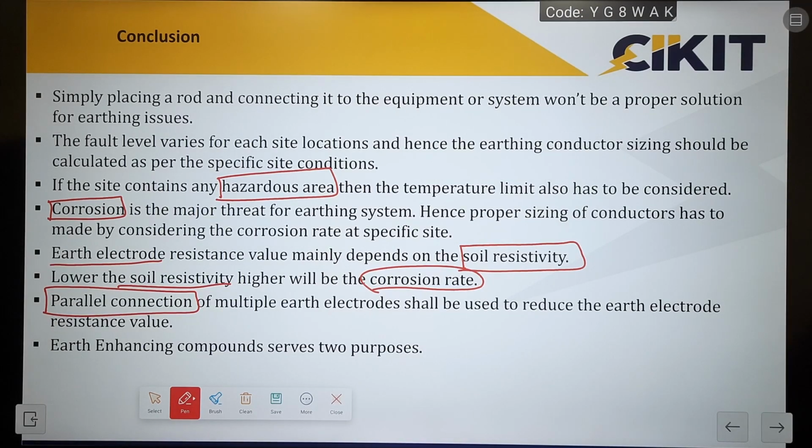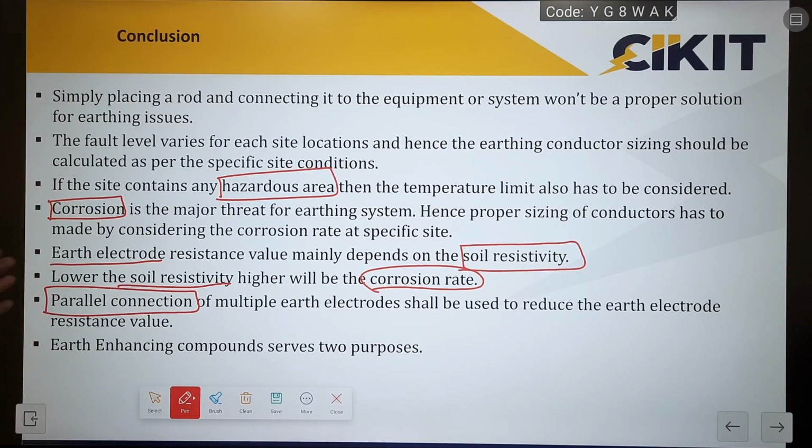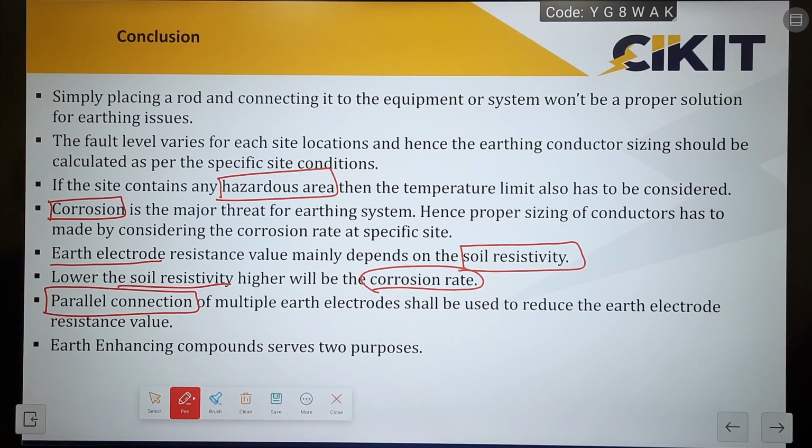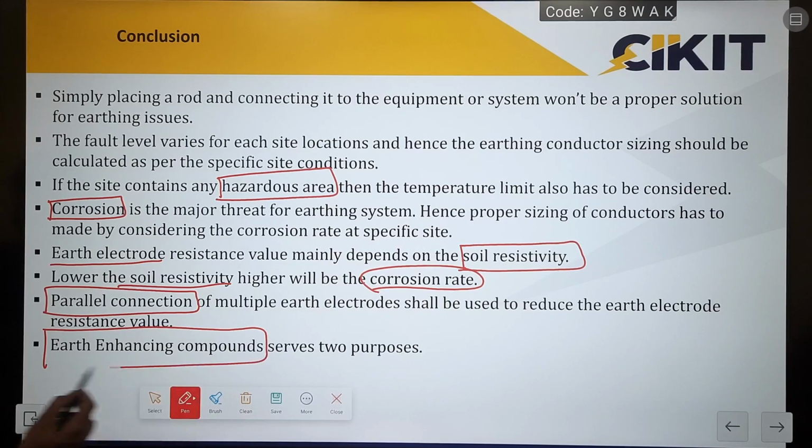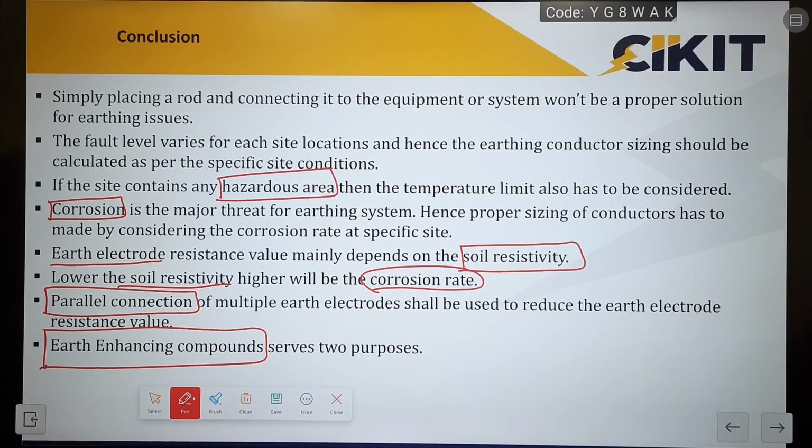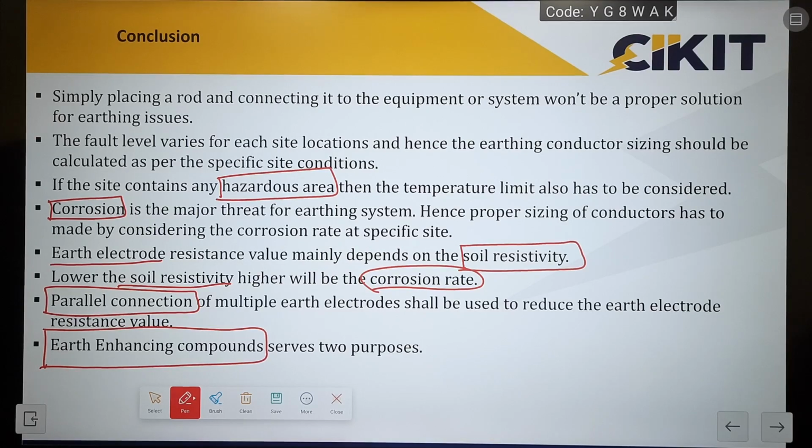Here it is electrolytic in nature, so we have to use the formula provided by the standard, selecting it according to either linear configuration or hollow square configuration. And earth enhancing compound not only reduces the resistivity of the soil surrounding the earth electrode, it also serves another purpose by protecting the earth electrodes from corrosion.